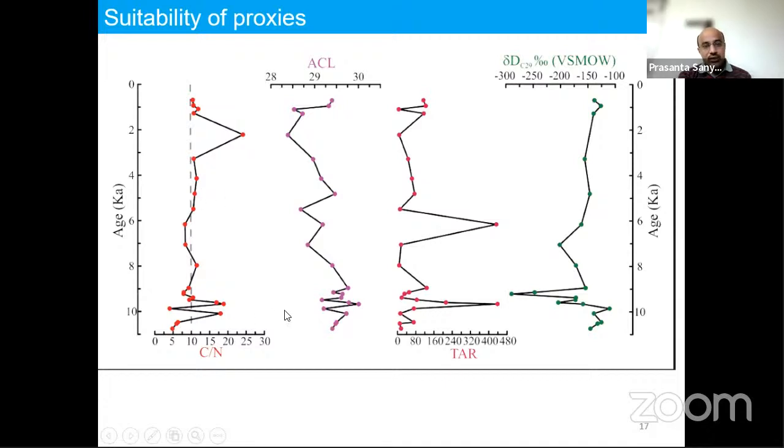In addition, we have used other indices: ACL, the average carbon chain length for the alkane, and TAR, which suggests whether the organic carbon was derived from the catchment area or sourced within the lake. Higher TAR values also suggest that the organic carbon was transported from the catchment area. So this is about the sources of organic carbon in the lake.